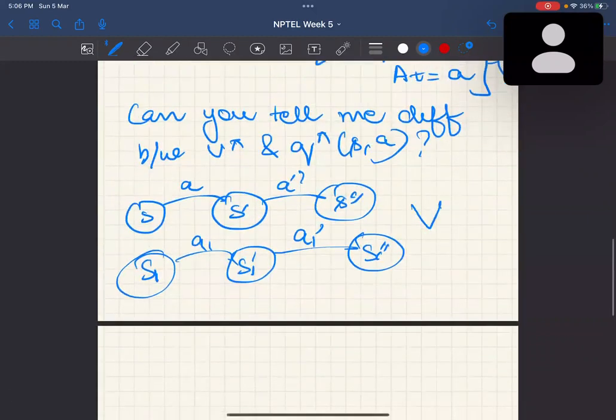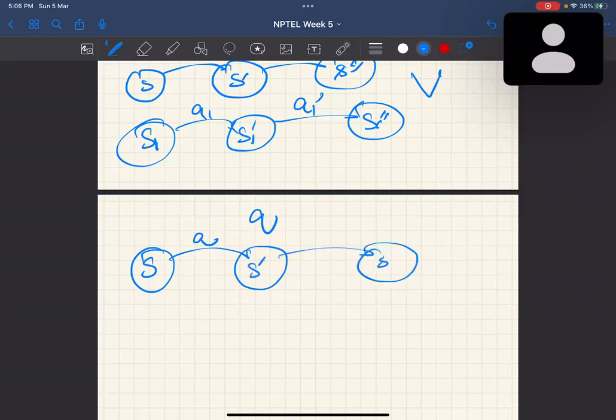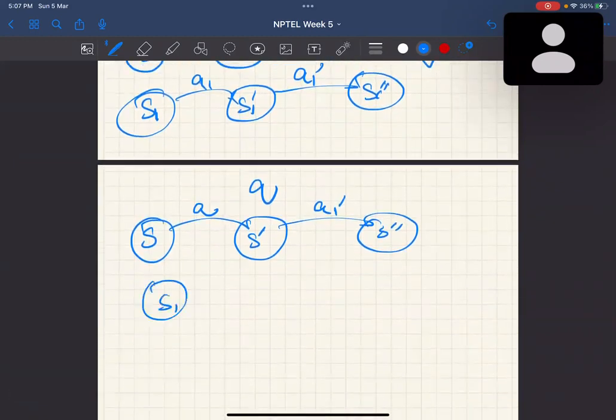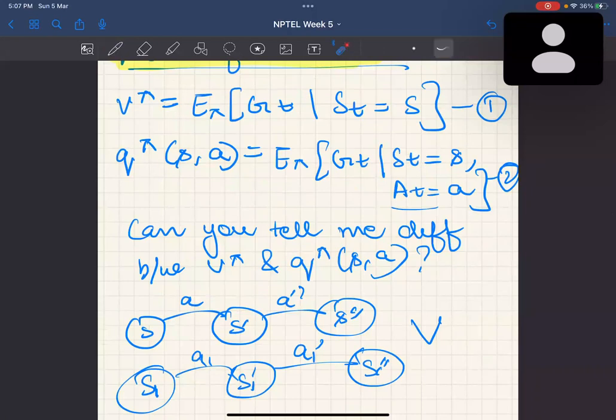This is V. What Q is: I am in the state, and I say this action has to be performed here. Then what will be the expected payoff? I am in this particular state, and A is already performed. Then what is the expected return here? As you said, here S and A both are given, and here we are given S only.